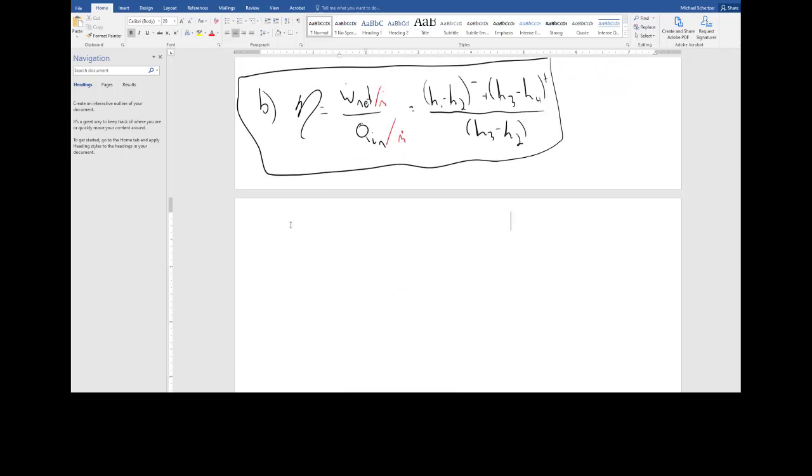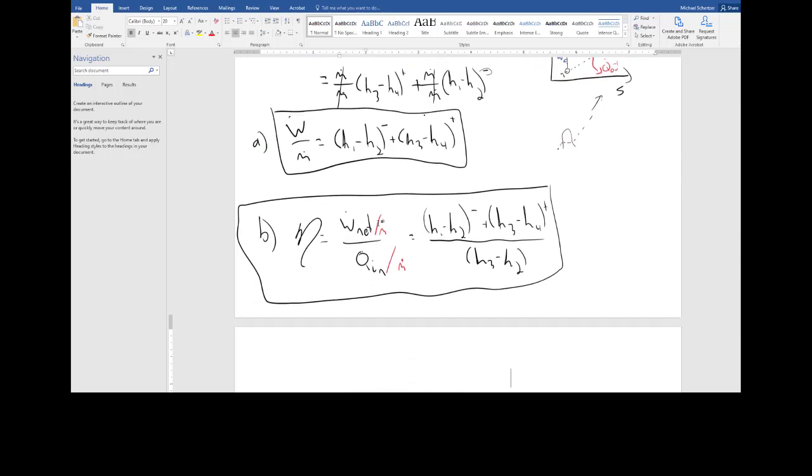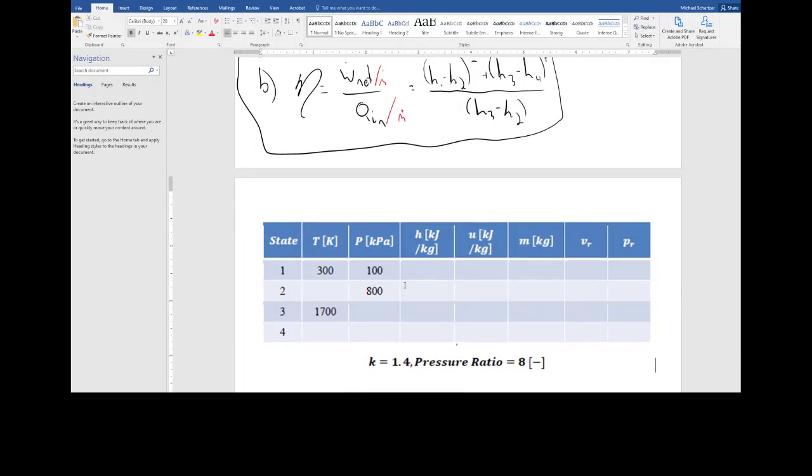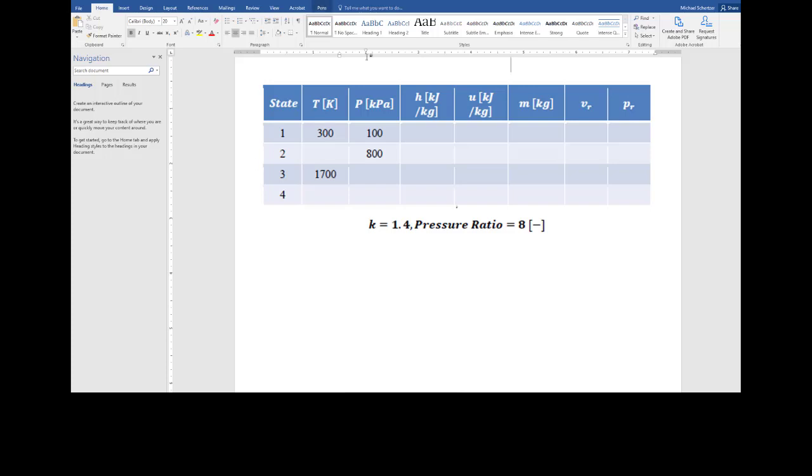So I could write out my own state table. I don't know, maybe that would have been easier. But instead, I'm just going to use the state table that the problem gave me. All right, so the nice thing about this is state 1 is already fixed.